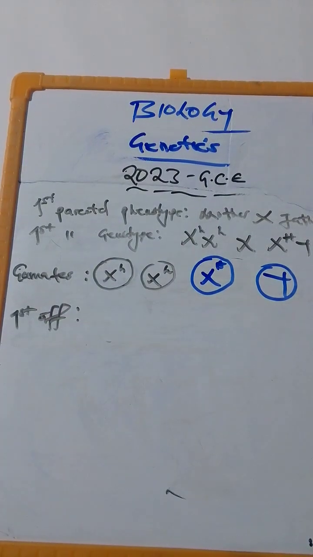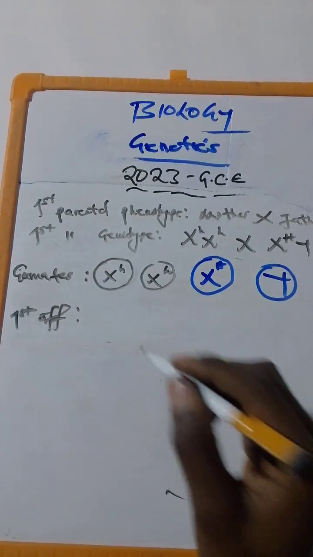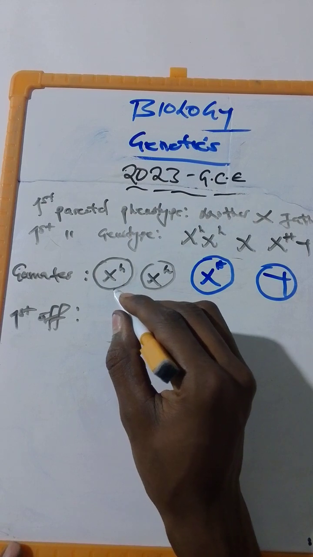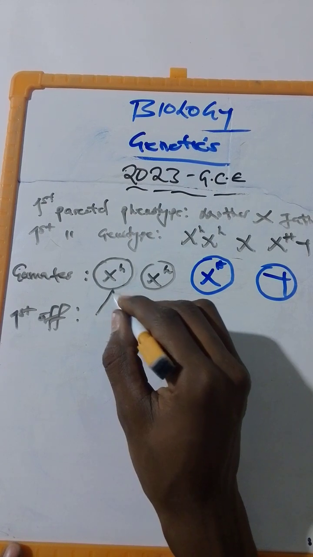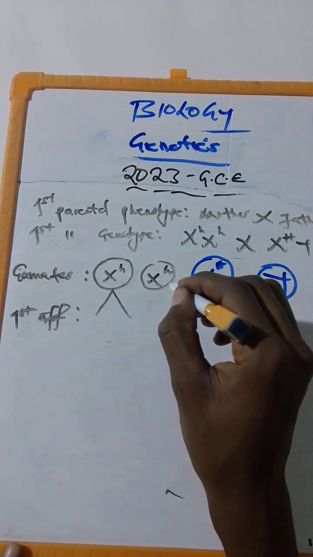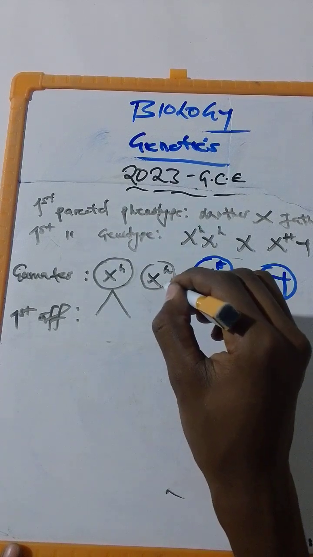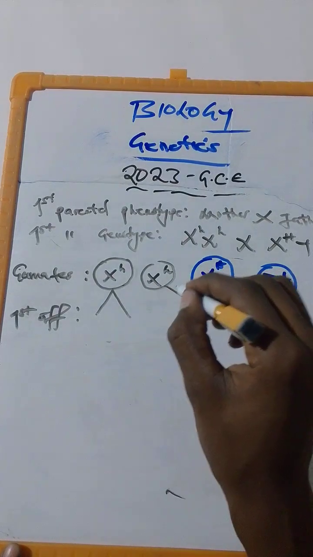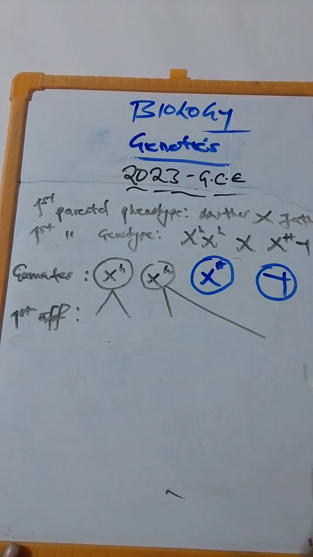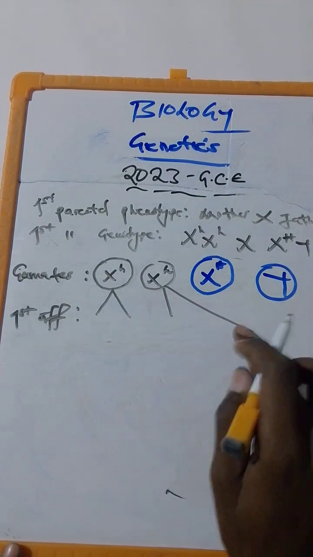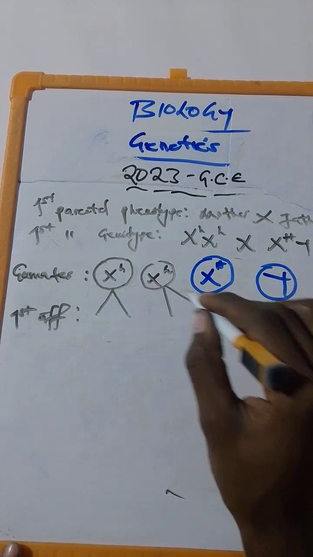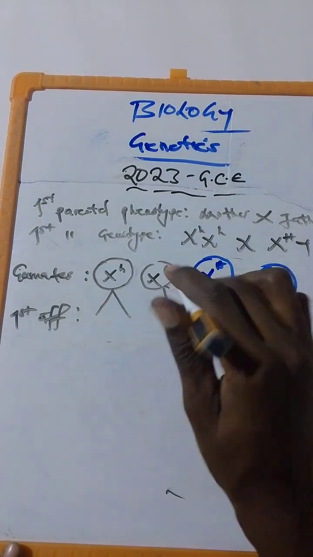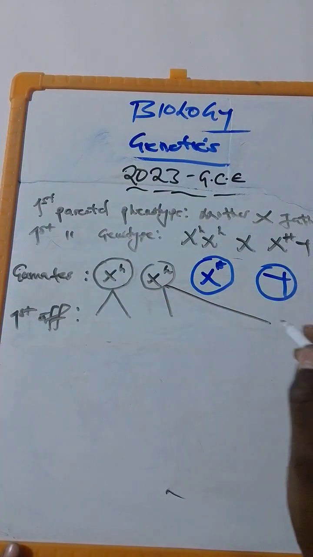So what will happen now is this gamete will give us 2 parts, and these gametes will also give us 2 parts. So we know that. Okay.